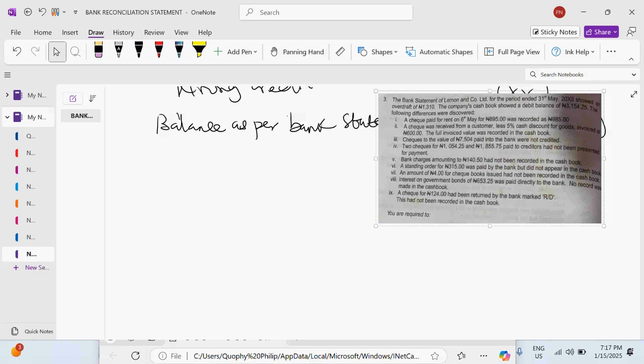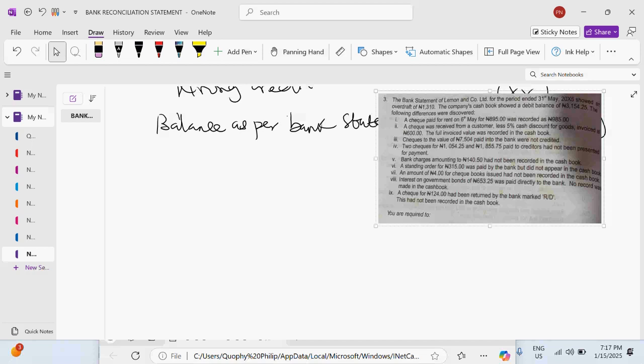Bank charges amounting to 140.50 had not been recorded in the cash book. A standing order for 315 naira was paid by the bank but did not appear in the cash book. An amount of 4 naira for check books issued had not been recorded in the cash book.